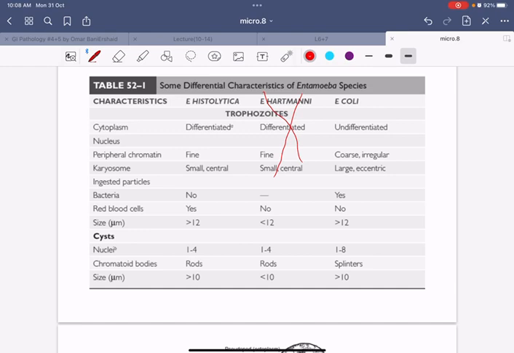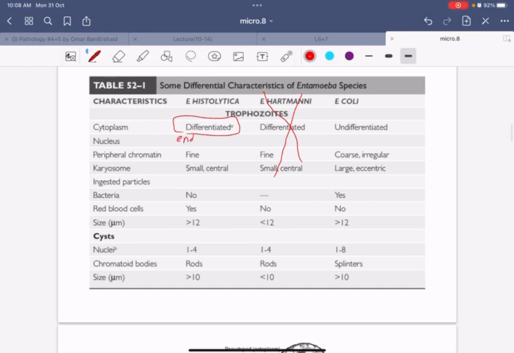Now histolytica and E. coli cytoplasm. In histolytica the cytoplasm is differentiated into ectoplasm and endoplasm. When you see it under the microscope, it is clear. There is ectoplasm and endoplasm.